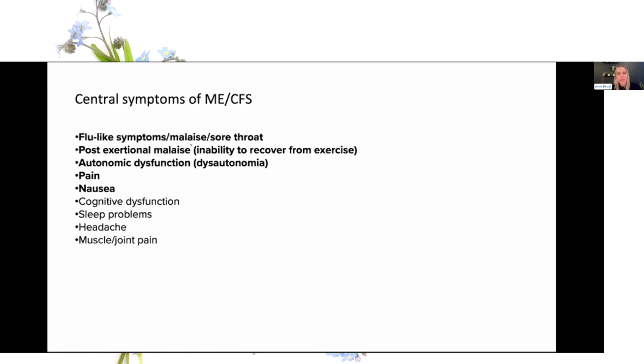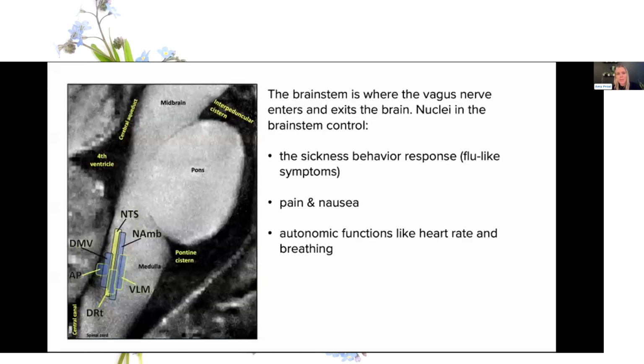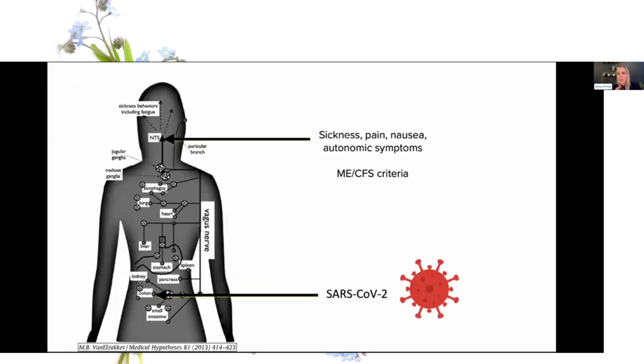The post-exertional malaise, the autonomic dysfunction, the pain, the nausea, you can account for a lot of those symptoms just by these nerve bodies being thrown off in their signaling due to various factors. So one of the things we've looked at is that nerve, again, I mentioned the vagus nerve, this nerve that innervates the gut and the heart and all of the major trunk organs of the body, connects to the back of the brainstem.